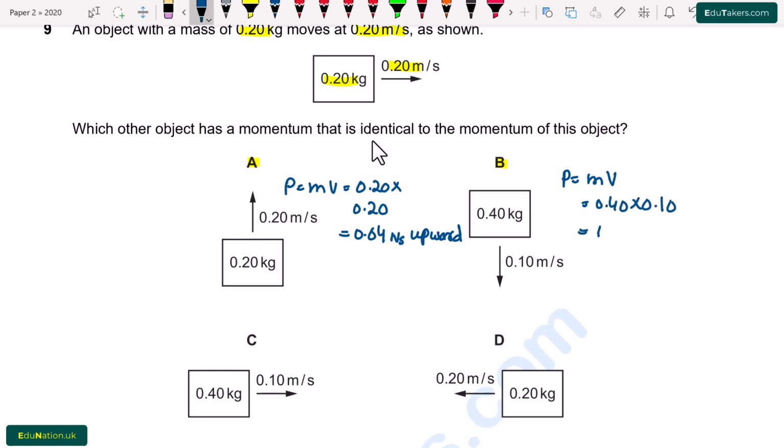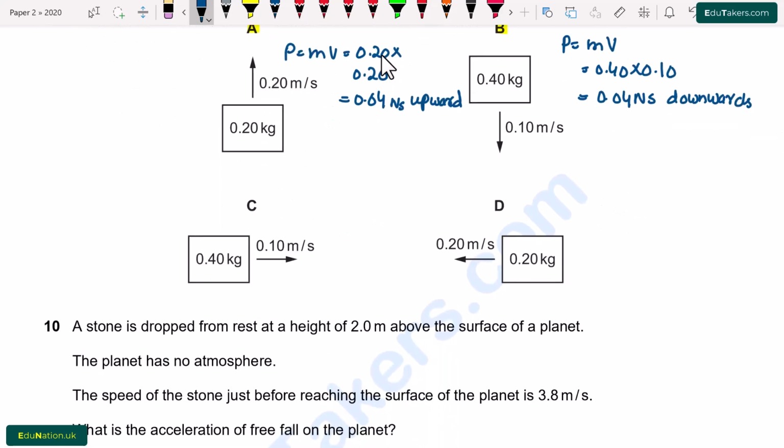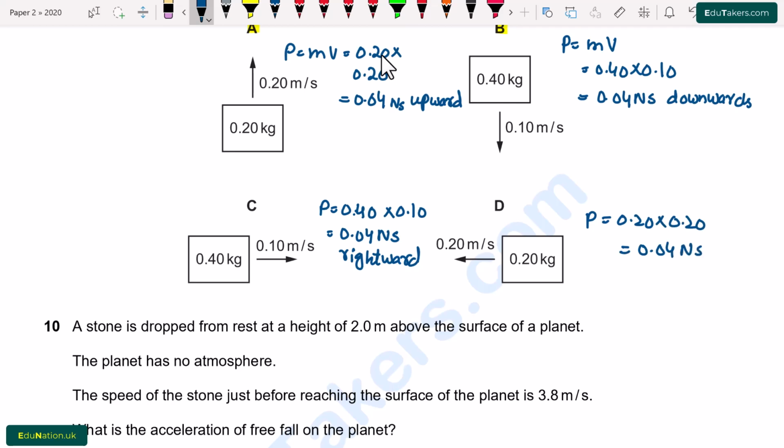It will be equal to 0.04 Newton second downwards. For object C, momentum will be 0.40 multiplied by 0.10, which is equal to 0.04 Newton second right. For object D, momentum is 0.20 multiplied by 0.20, which is equal to 0.04 Newton second and towards left.